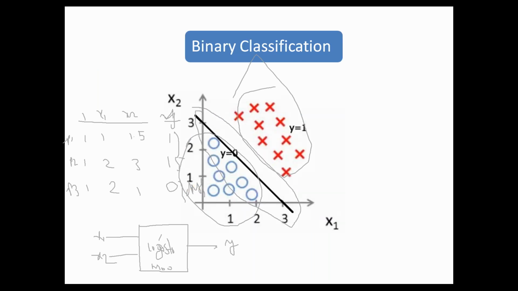So for this data, if you want to generate a model which can classify it, you have to find the w's such that these points lie on the correct sides of the decision boundary. So you have to calculate the values of w0, w1 and w2. That is the training algorithm. That is the logistic algorithm.